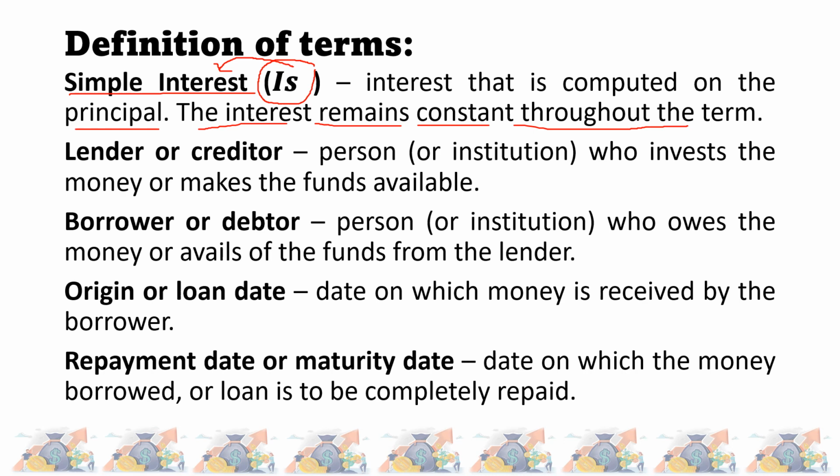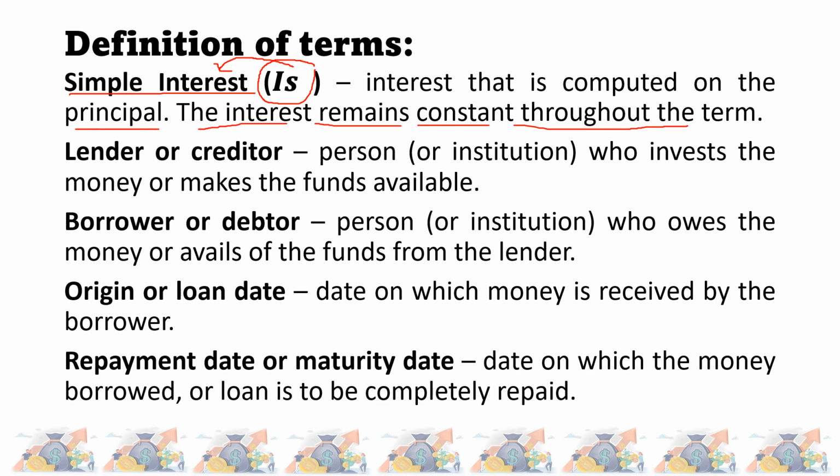In addition to that, a simple interest is charged only on the loan amount called the principal. That's why we define it as computed on the principal. Thus, the interest on the interest previously earned is not included because the interest remains constant throughout the term.